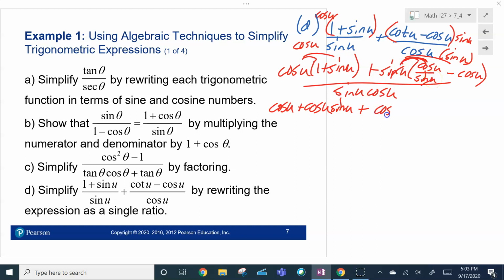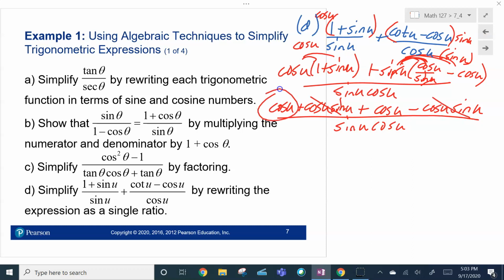So I'm just left with cosine u there. Then I distribute it to here, so I got minus cosine u sine u. And this is all over sine u cosine u. Notice cosine u sine u minus cosine u sine u, gone. So I got cosine u plus cosine u is 2 cosine u's over sine u cosine u.